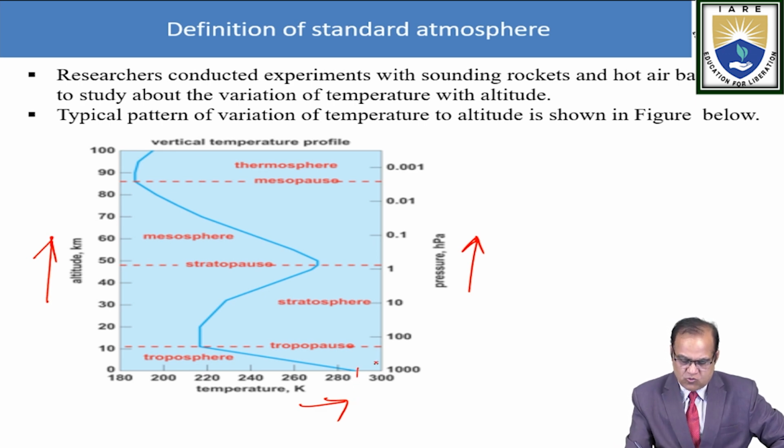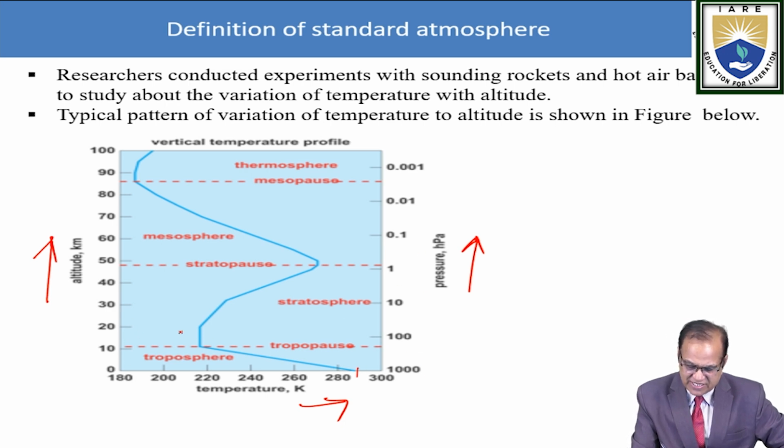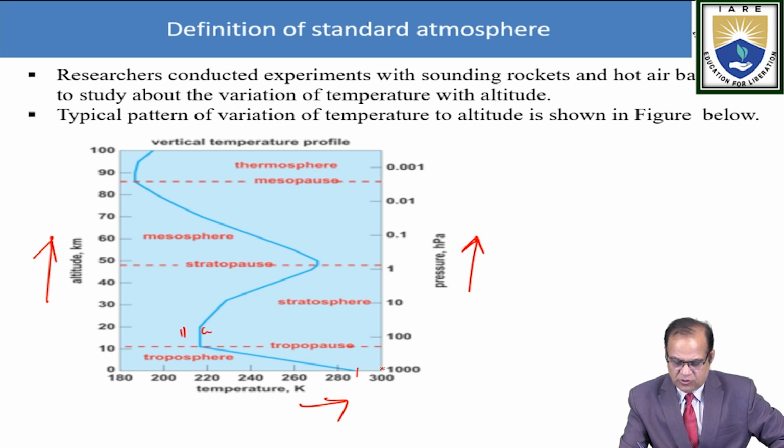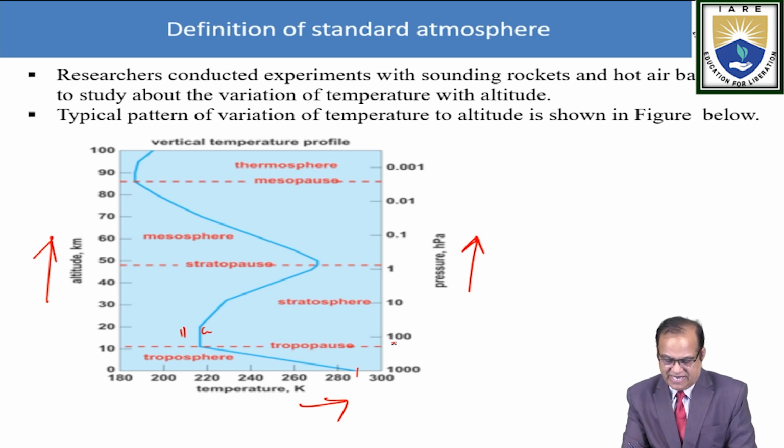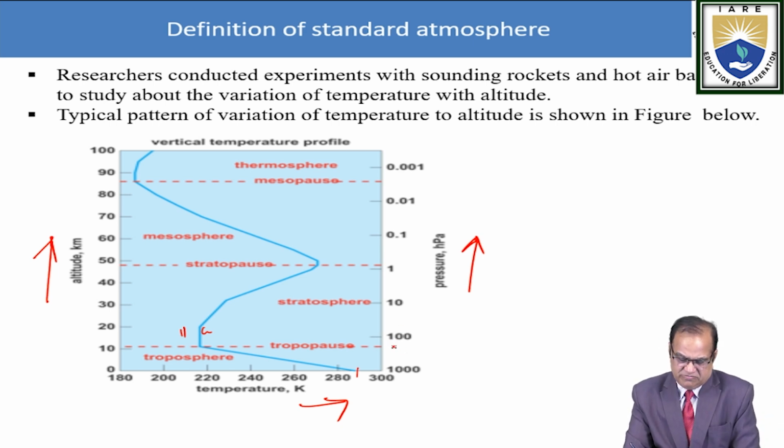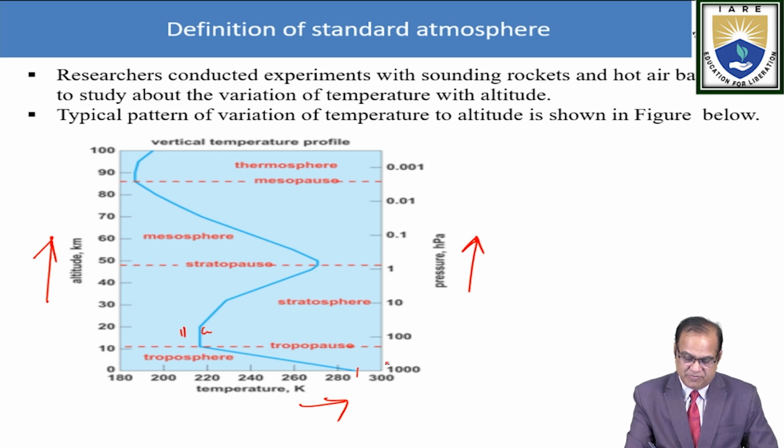From here, as you increase the height up to 11 kilometers, your temperature is reducing. Also, the pressure starts at 1000 hectopascal, somewhere 99 or 101, like this. So pressure is also reducing and the temperature is also reducing.